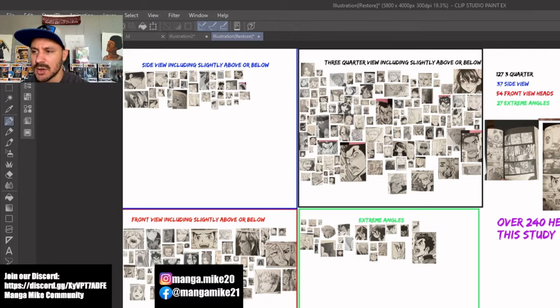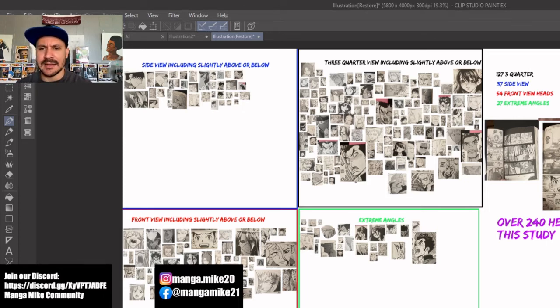So there's 240 heads, 127 of them are in the 3/4. Now I will say this, the three quarters that I chose, I also included ones where the head is slightly like this or like this. So this one is probably the most extreme 3/4 view as far as being below or above angle. Everything else is within that range. So I did want to say that.